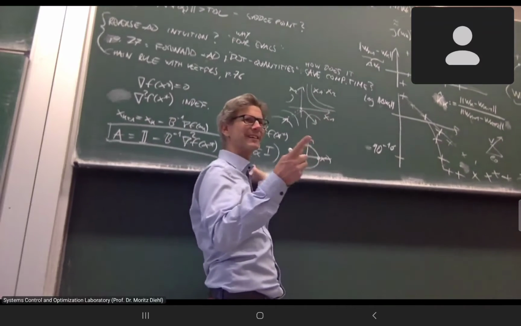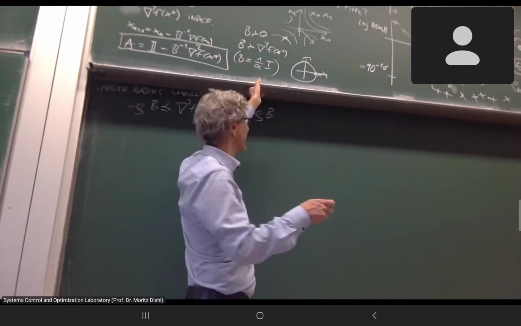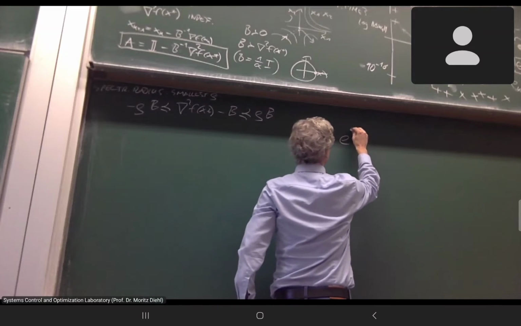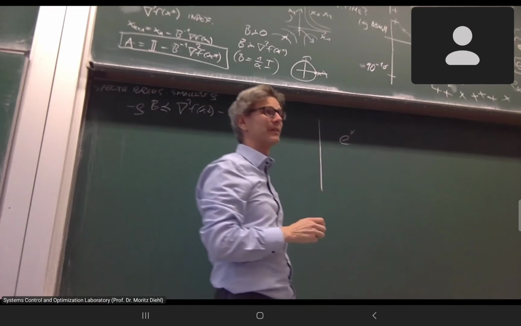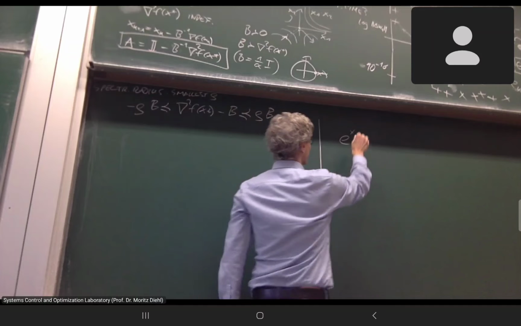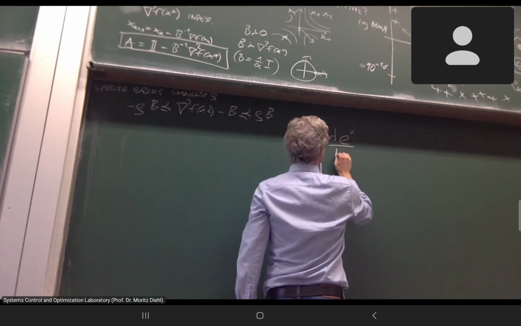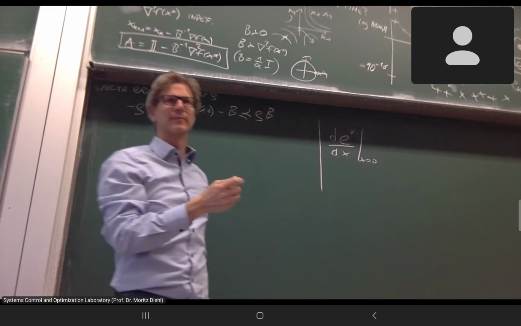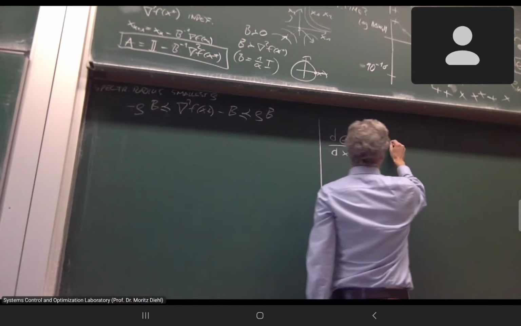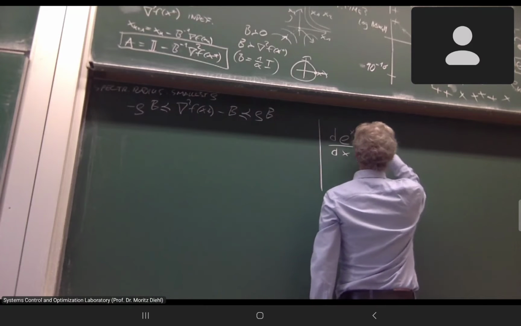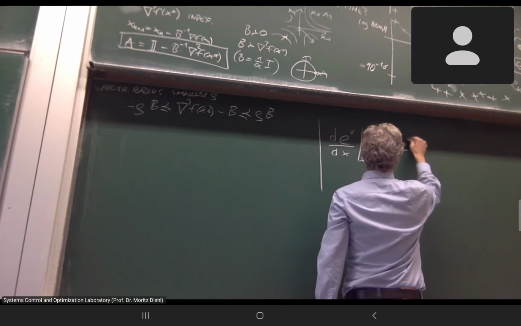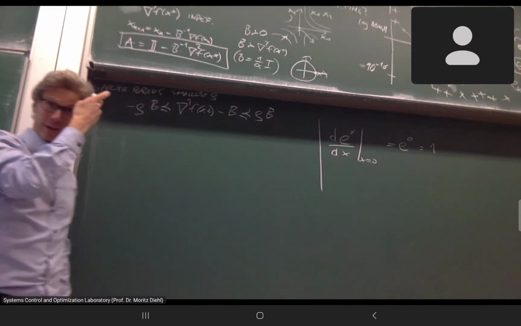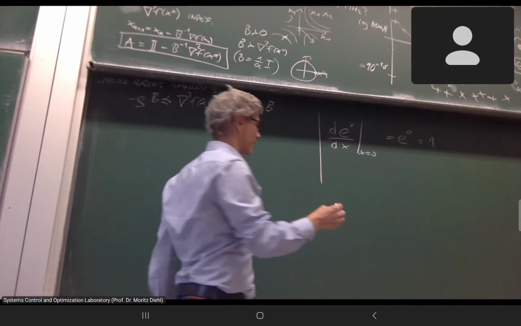I don't know if you did this exercise, but I would really recommend that you try it. Differentiate e to the x. What's the derivative of e to the x? It's e to the x, a very simple thing, so you know what the derivative is. But now compute this with finite difference just for the fun of it.